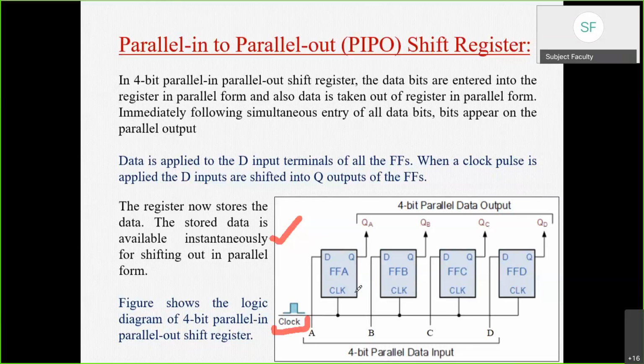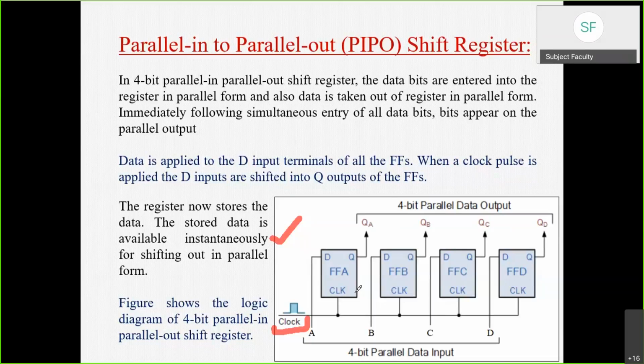And if you are giving the clock signal to one flip-flop and then the output of that flip-flop is given to the clock signal of the next flip-flop, then that will be called an asynchronous circuit. An example of an asynchronous circuit we have already seen in counters: asynchronous counters or ripple counters. In those you can observe the output of the first flip-flop was given as the clock signal to the next.